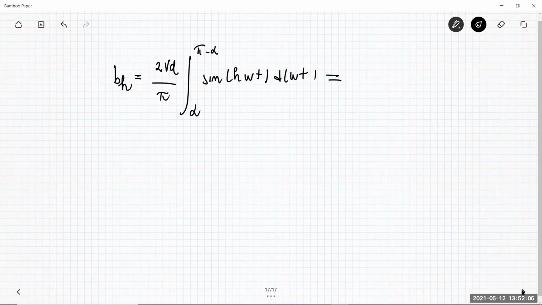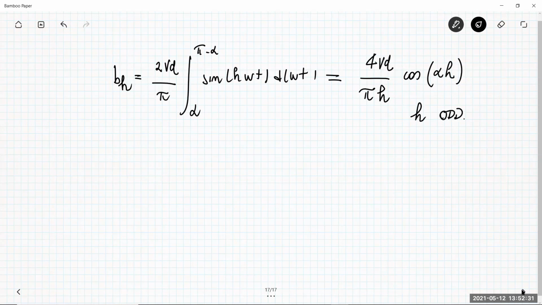It's nothing impossible to solve. The result gives us 4 Vd over p H cosine alpha H, with H an odd number. So these are the coefficients of my output spectrum.